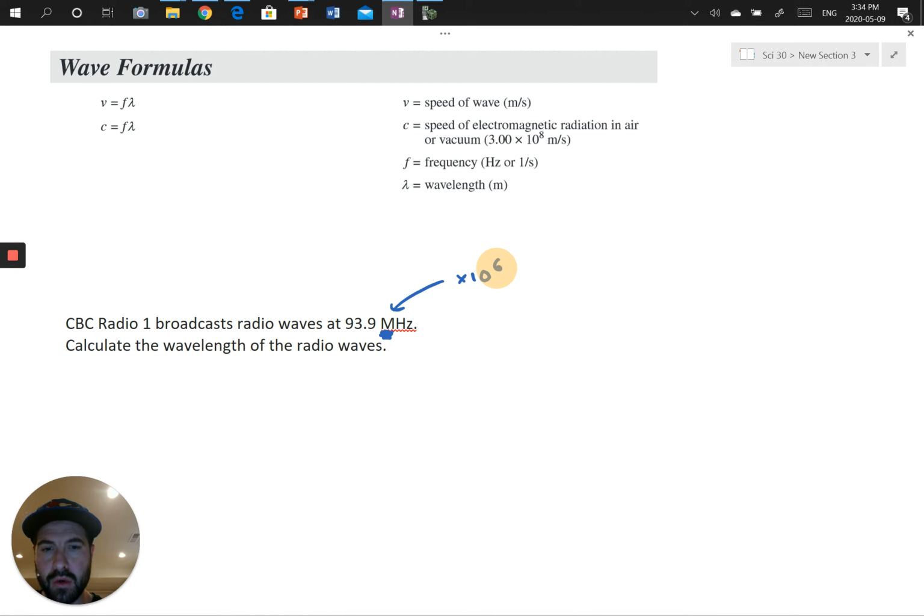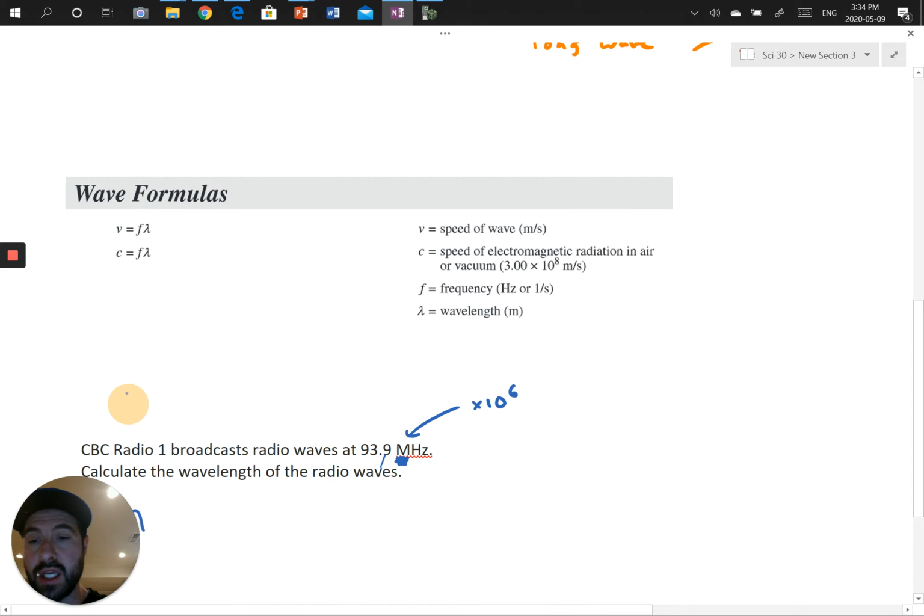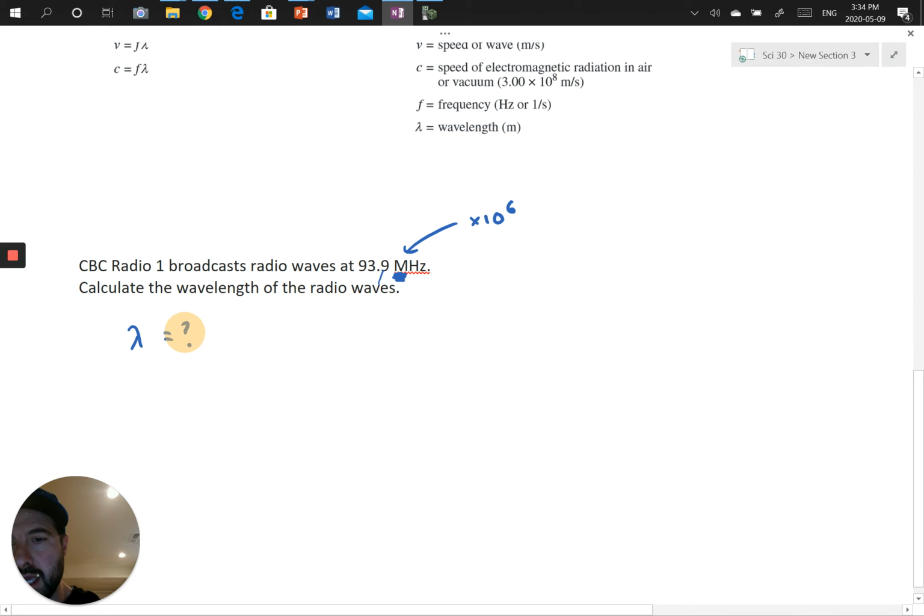So let's take a look at it. CBC Radio 1 broadcasts at 93.9 megahertz. Calculate the wavelength of the radio waves. So I want to know the wavelength. That's my symbol for wavelength, lambda. My frequency is 93.9 megahertz. I'm going to do a little trick here.